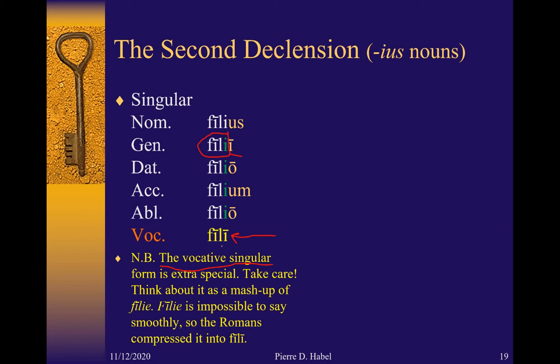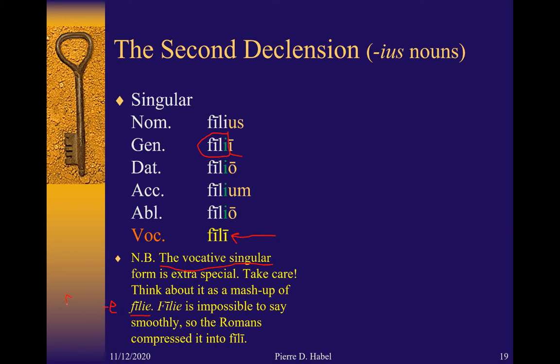The vocative singular form, well, the best way I can describe it is right here. I want you to think about it as a mashup of filii-a. Now think about it. On the last slide, we learned that the second declension US ending is short E-a.